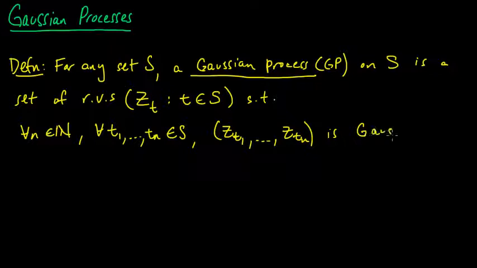It's multivariate. Whenever we say a vector is Gaussian, we of course mean it's multivariate Gaussian. So that is the definition of a Gaussian process.